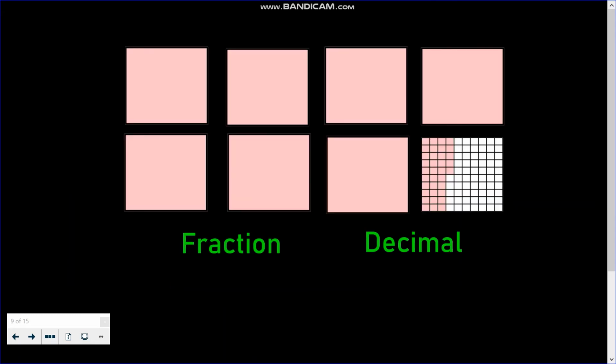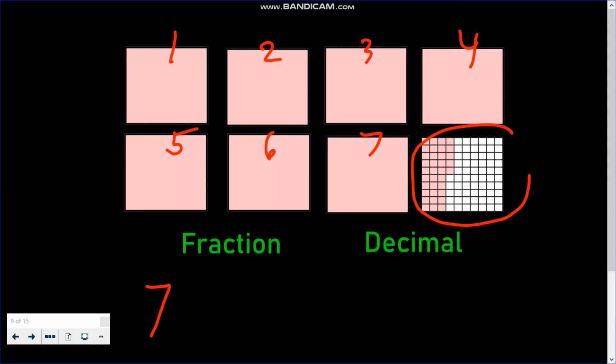Now let's proceed to the next example. First, let's count the number of squares that are completely shaded. So we have 1, 2, 3, 4, 5, 6, 7. So that will be our whole number. And in this part, there are only 10, 20, 30, 35 out of 100 parts shaded.